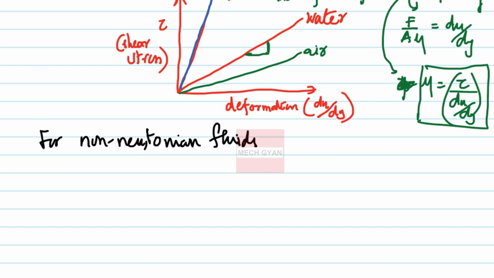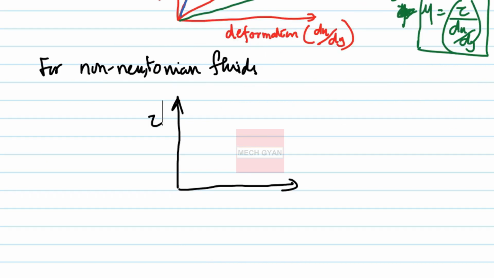Let's again plot the shear stress and deformation curve, with tau on the y-axis and du by dy on the x-axis. This denotes the Newtonian fluid.